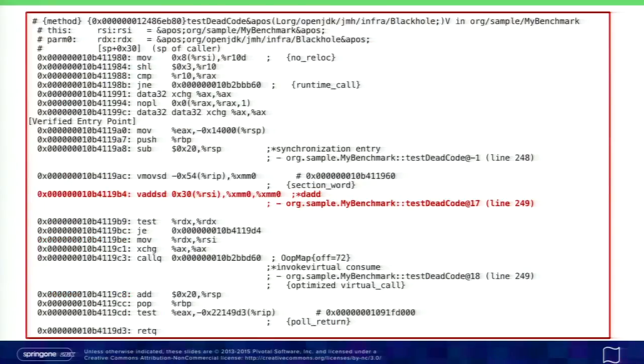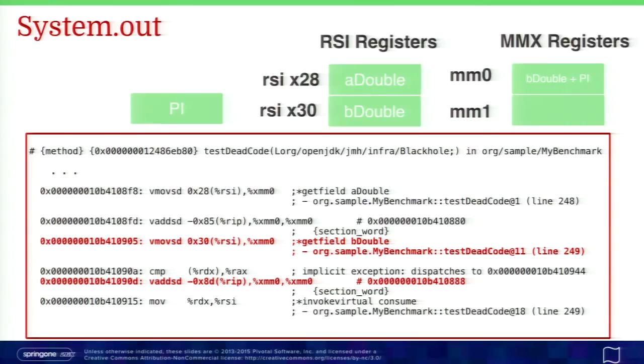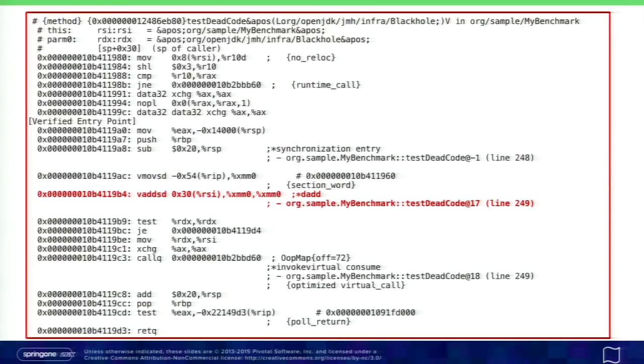And then I'm seeing, at the bottom here, the result being consumed. Now that's the first optimization. So the aDouble addition is still in there. So then I see that the method gets optimized a second time. And here I only see one add. So the aDouble has been removed. We just have the bDouble now.